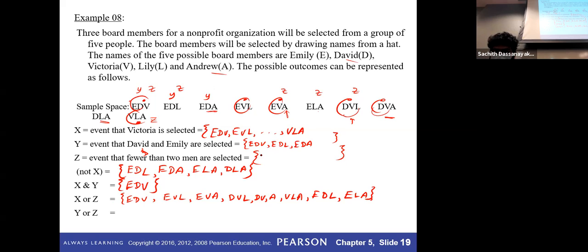C means EDV, EDL, EVA, ELA, DVL, VLA. Okay, those are the outcomes.